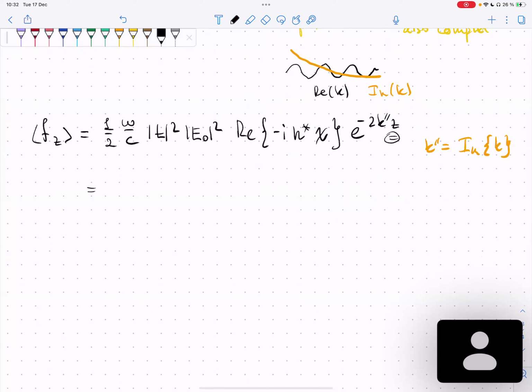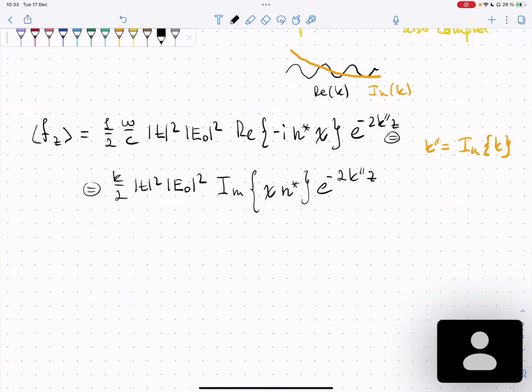We can rewrite this as k divided by 2 times t squared E0 squared, and this can be written as the imaginary part of susceptibility multiplied by the complex conjugated refractive index, exponent of minus 2 k double prime z. Do you have some questions on this part?